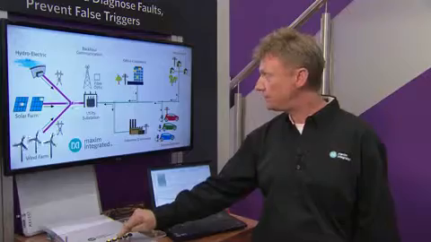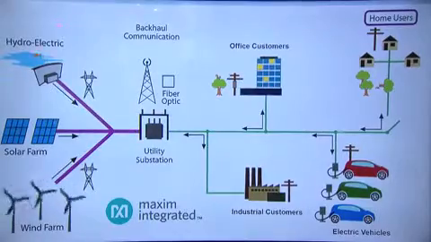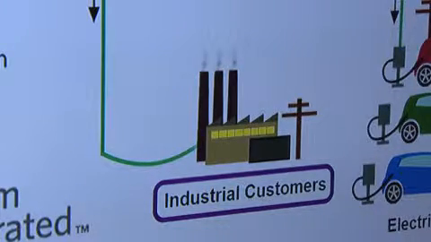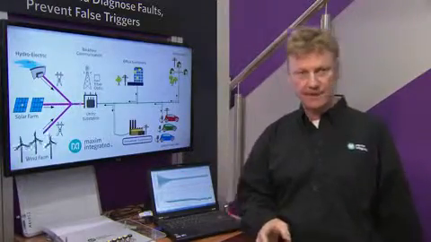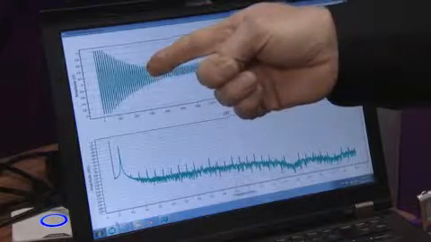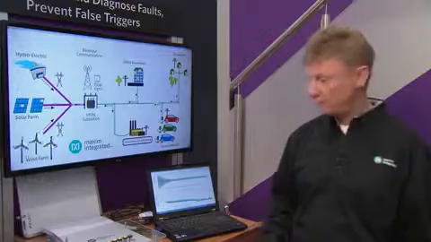If I press the third button, I'm simulating a sag, which is when a big factory comes online with a lot of large motors that essentially the amplitude drops by 20% caused by that fault.